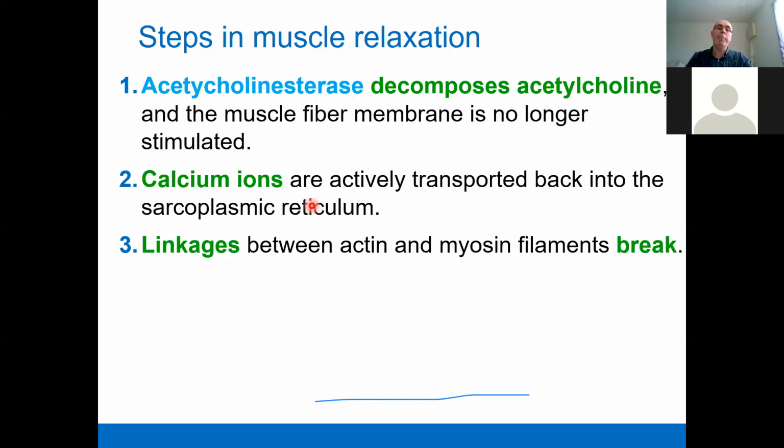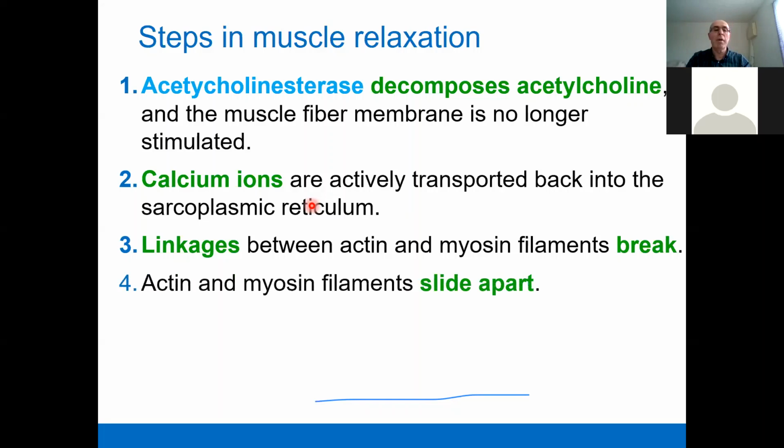When calcium goes back into the sarcoplasmic reticulum, the troponin binds to the actin again and prevents actin-myosin exposure. Okay, actin and myosin filaments slide apart, and then the muscle fiber relaxes.